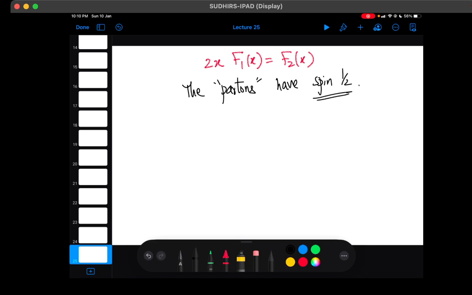So this led to the experimental verification, the establishment of the quark picture.